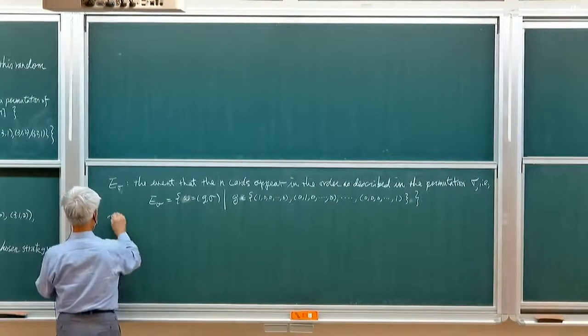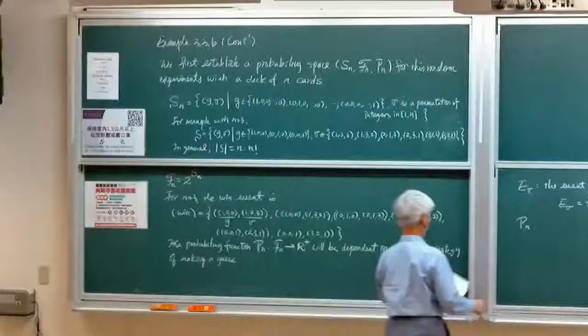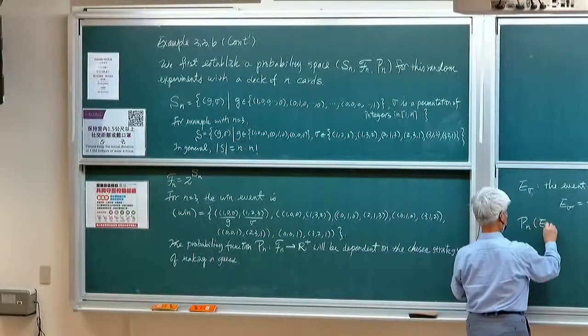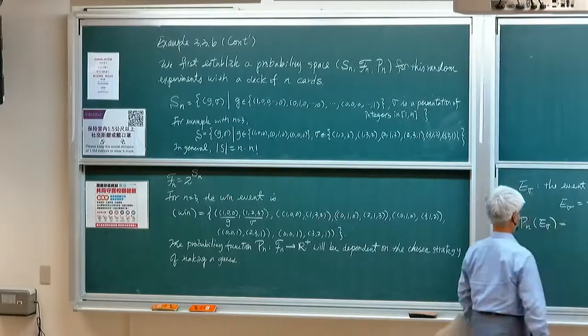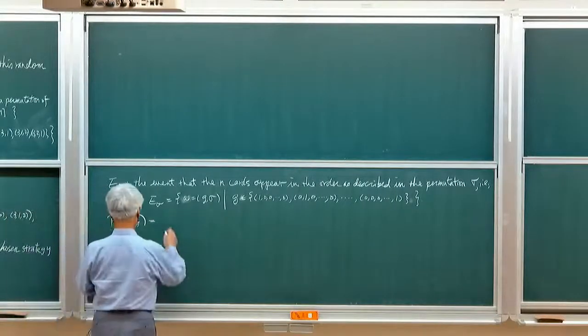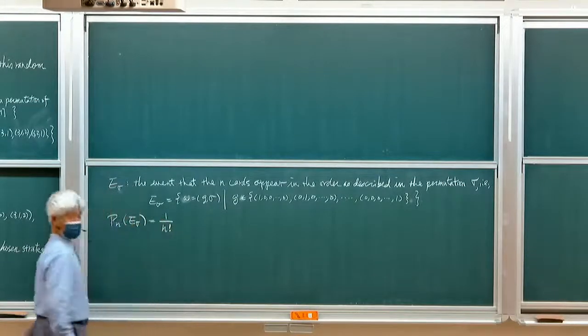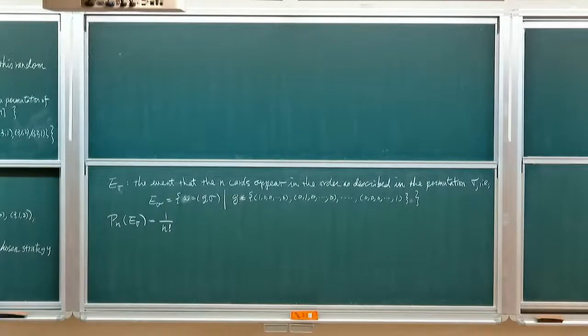And so for any such probability function, as we know, the probability of this event should be 1 over n factorial. Why? Because we shuffle the deck of n cards.